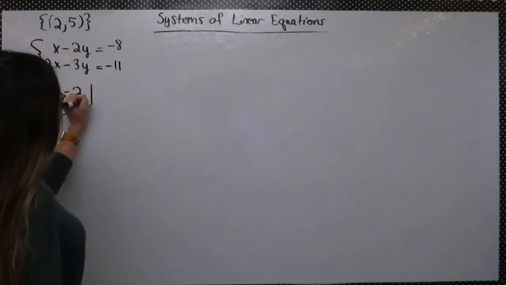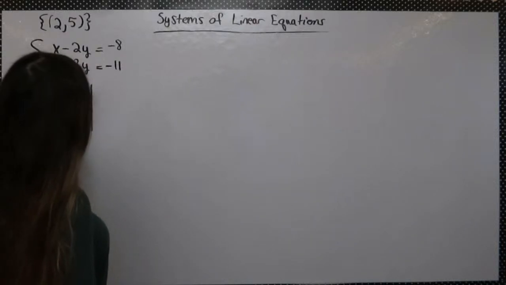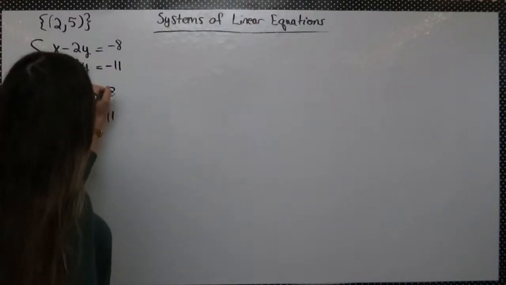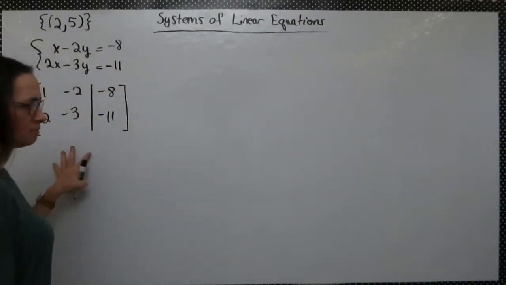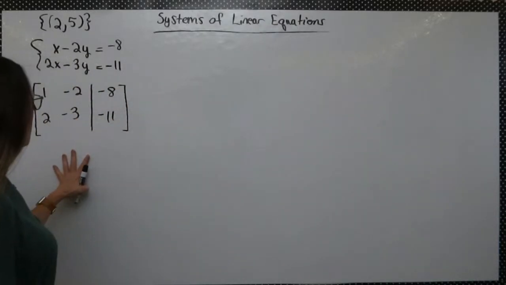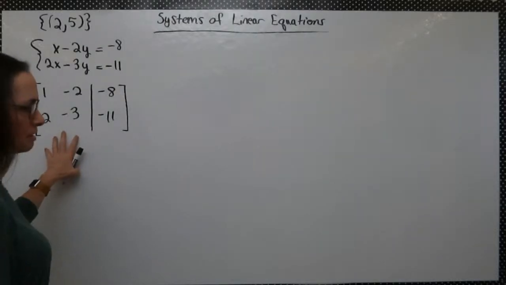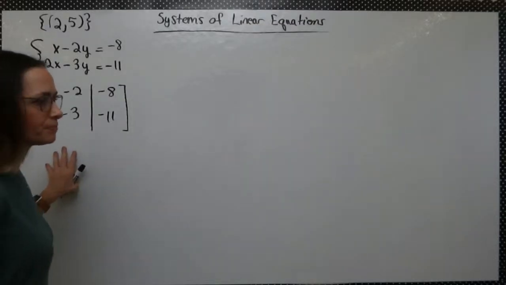Then we're going to augment this with the constant matrix, and use the same process as yesterday, elementary row operations. We're getting this side of our matrix into reduced echelon form.